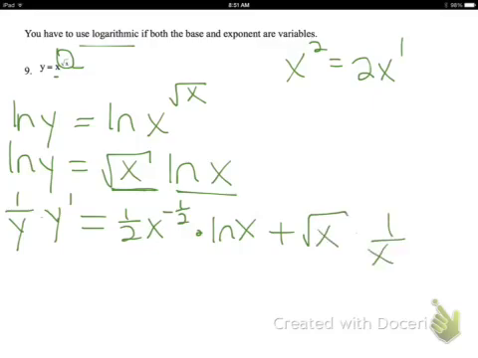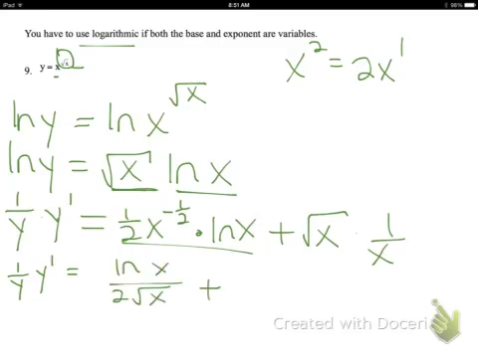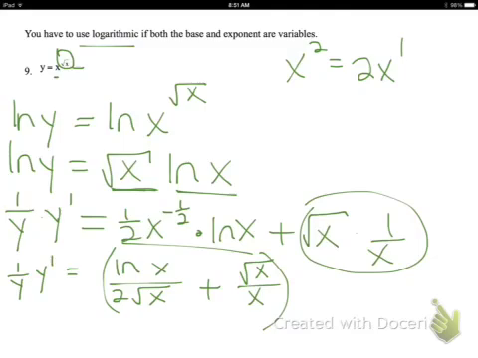Okay, simplify this a little bit. So I'd have 1 over y times y prime equals this first term. If I simplify that, I would get natural log of x over 2 root x, and then plus, what's this? This is root x over x, which you could actually write as 1 over root x. Okay, and then the last step would be to multiply both sides by y.